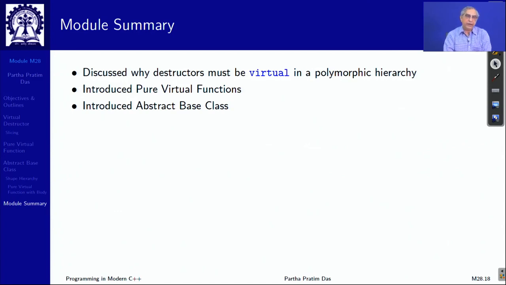Then by the rule of polymorphism, all destructors will be virtual, and it will properly clean up the object by calling the destructors starting from the root, and will not lead to slicing, otherwise you will have slicing.